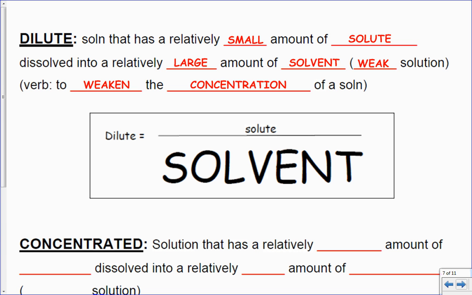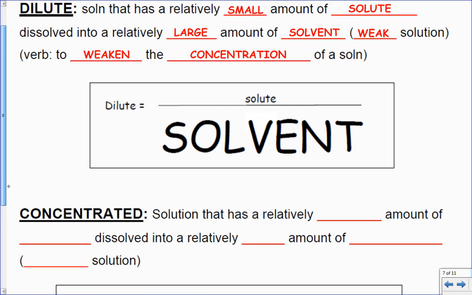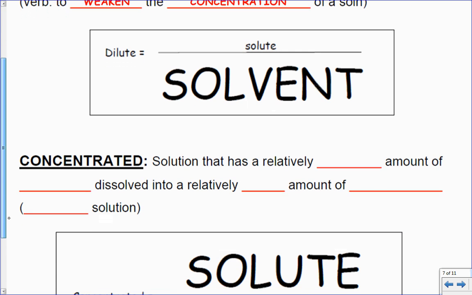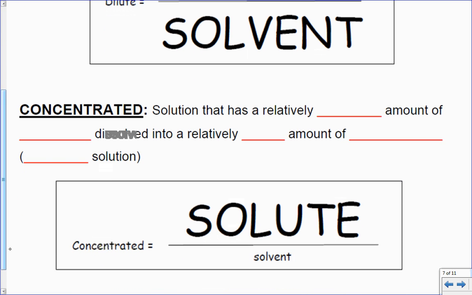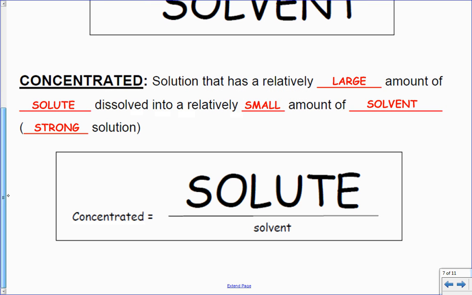So dilute equals a little bit of solute over a lot of solvent. There's just not a lot of stuff in there. Concentrated is a large amount of solute dissolved into a relatively small amount of liquid or solvent. Hence, it's a strong solution. There's a lot of stuff in that given amount of liquid.